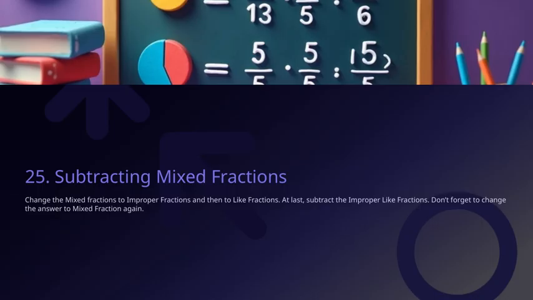Remember, this is the core of the subtraction process. Once you've subtracted, you might end up with an improper fraction, so the final step is to convert that back into a mixed number for the answer, which is often more meaningful and easier to interpret. The key here is to keep the conversions and the common denominators in mind, as they are essential for accurate subtraction. This method of converting, aligning, subtracting, and then converting back helps ensure you handle mixed fractions correctly and confidently.